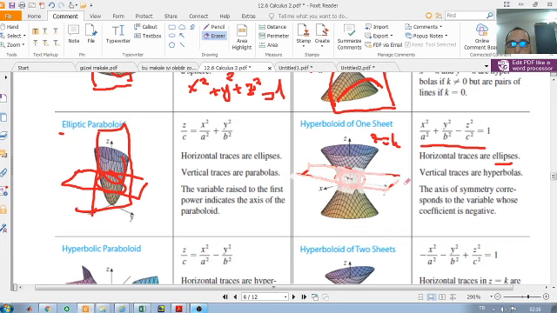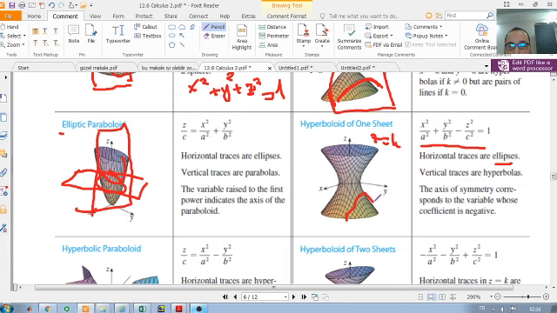For example, you see graphically the intersection with the vertical plane is a hyperbola. This is the curve which is the intersection of the vertical plane with the graph of the hyperboloid of one sheet. So here you see we have minus for z squared.